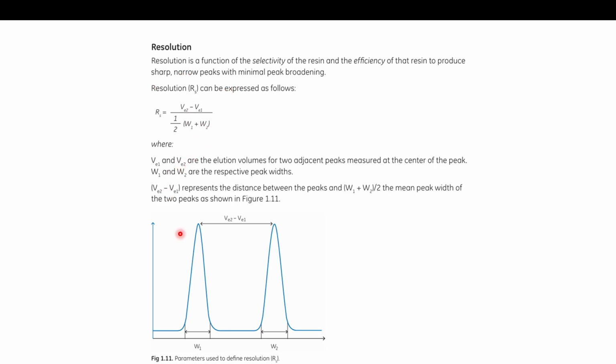If there are two well separated, adjacent peaks, the difference in the elution volumes serves as the numerator upon the average of the width of the peaks. Okay, the width of the peaks is used so as to quantify the resolution of a particular matrix.